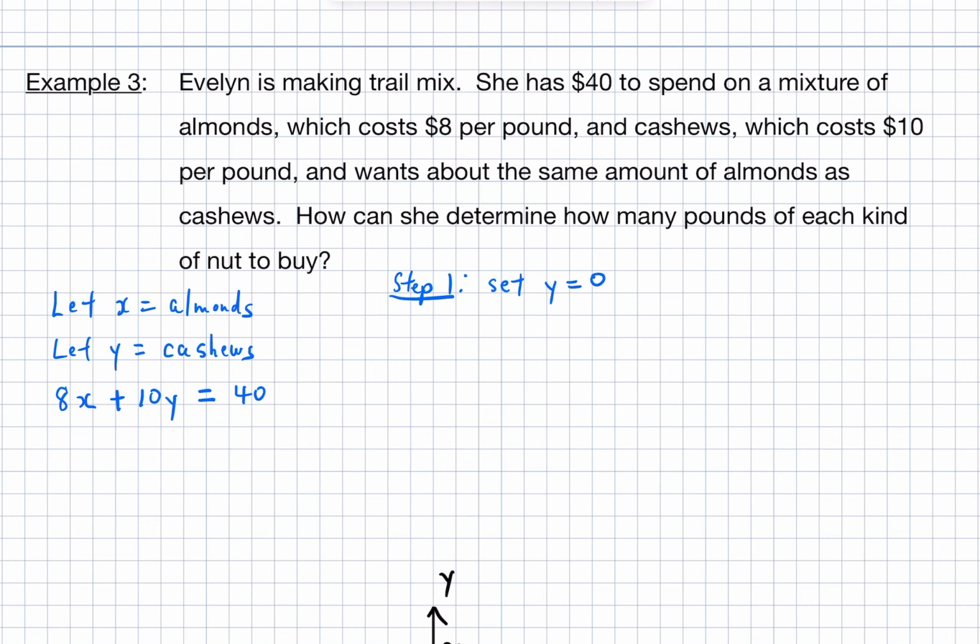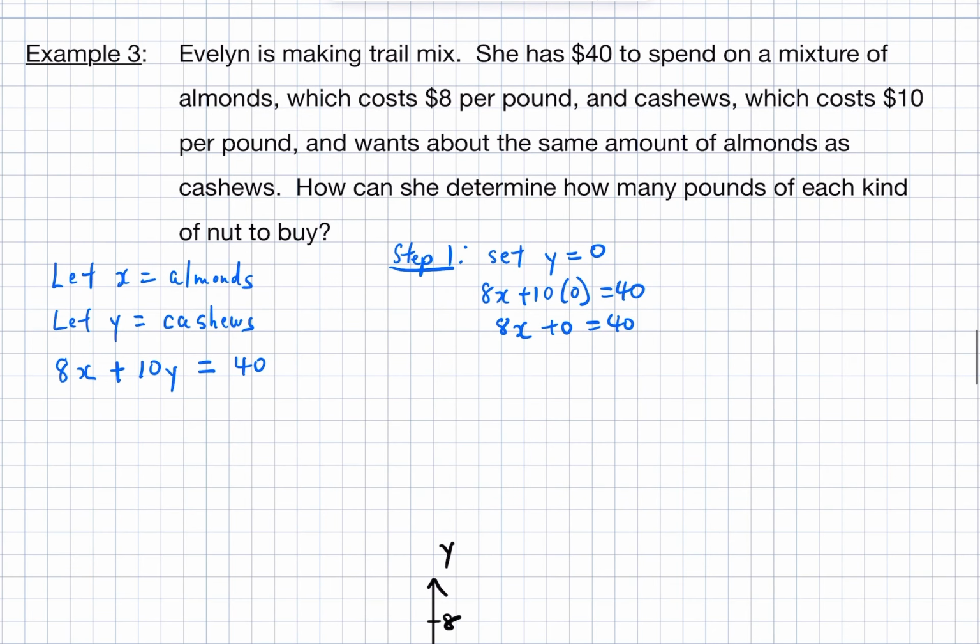Okay, so then plugging that into the equation, we get 8x plus 10 times 0 is equal to 40. That works out to 8x plus 0 is equal to 40. And then 8x is now equal to 40 because the 0 drops off.